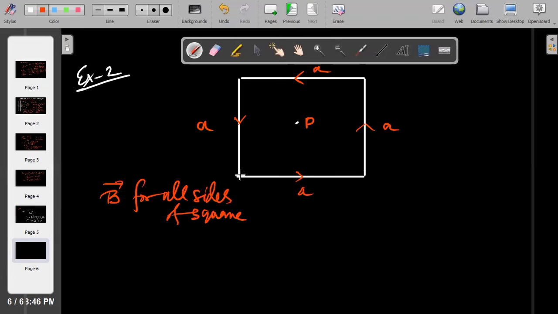Now, first step is you join these 2 points, right? Now, already you know this angle is 90 degree. Now, some triangle will form. This is 45 degree. And this angle will be what? This angle will be 90 degree.